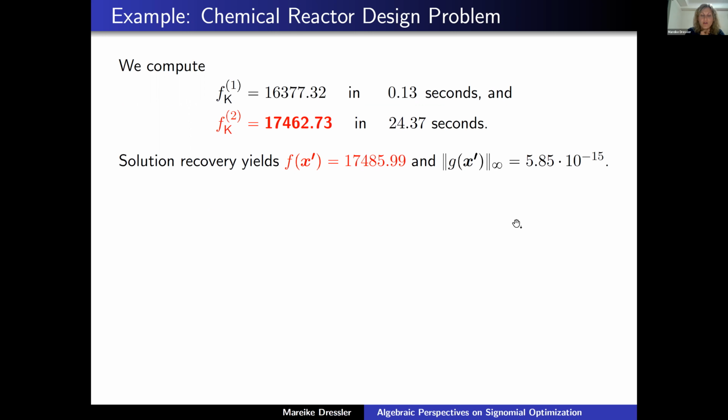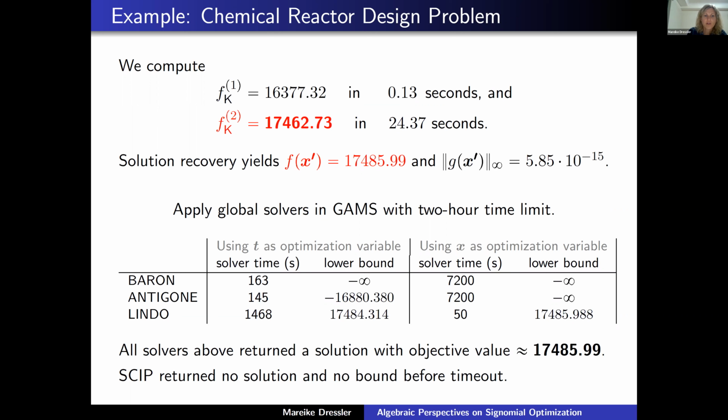And clearly, alternatively, one could now approach this problem through a global solver from the traditional non-linear programming community. So we also did that to compare how our new version does. We tried four solvers from the five in GAMS. One of them was not available to us, so we tried here Baron, Antigone, Lindo, and SCIP.